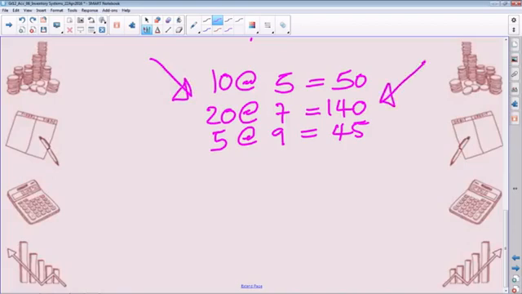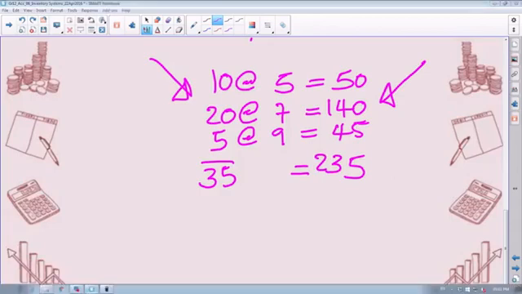So in other words, we want the weighted average. So we add 20 plus 10 is 30 plus 5 is 35 units, right? And the cost here will be 235. Right, what do we then do?